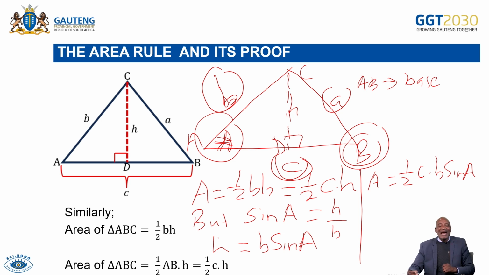Drop your perpendicular height, but if your answer comes with that h, eliminate h along the way. Then you find that every time you eliminate h, it will involve sine: sine A or sine B or sine C, depending on which one you chose to be your base. Whether it's an acute angle triangle or an obtuse angle triangle, it will always work. That's how you can prove the area rule.